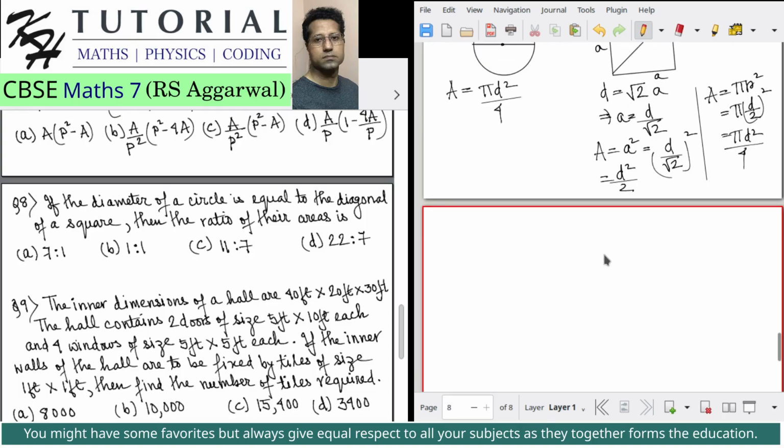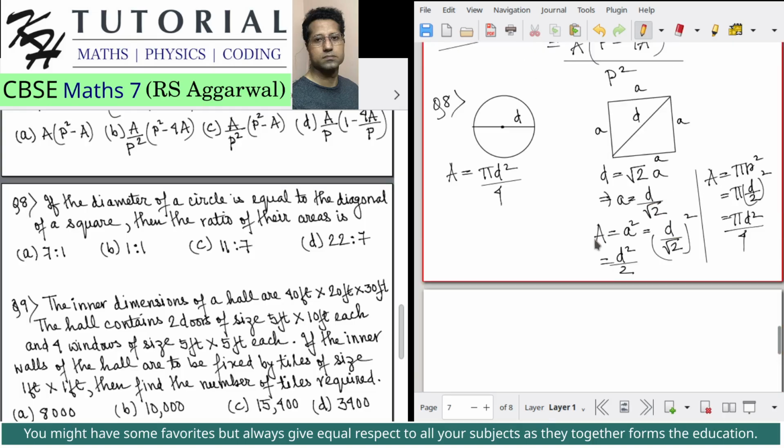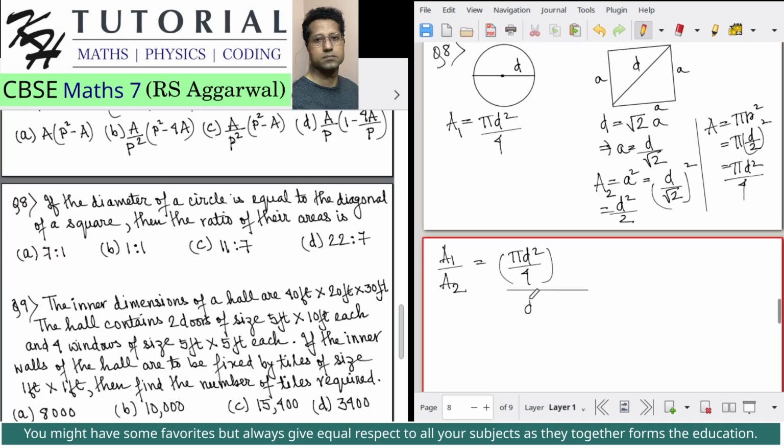So now let's say a1 be the area of the circle and a2 be the area of the square. We have to find a1 by a2. a1 by a2 is equal to pi d square by 4, this whole divided by d square by 2.